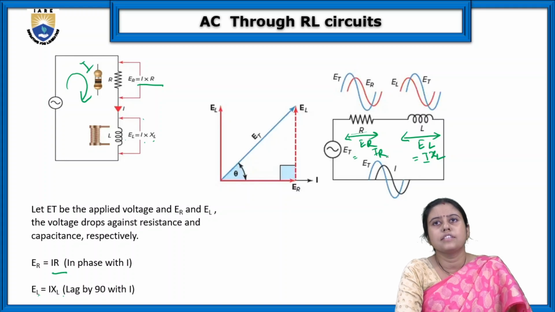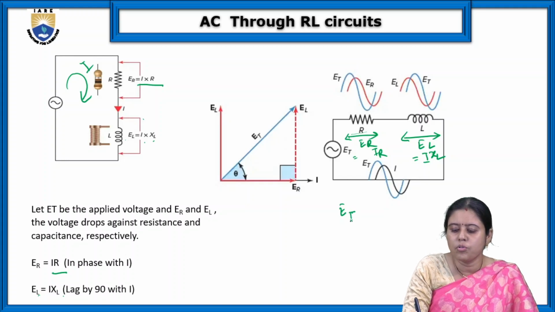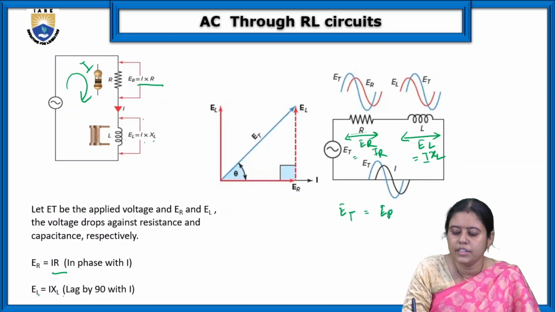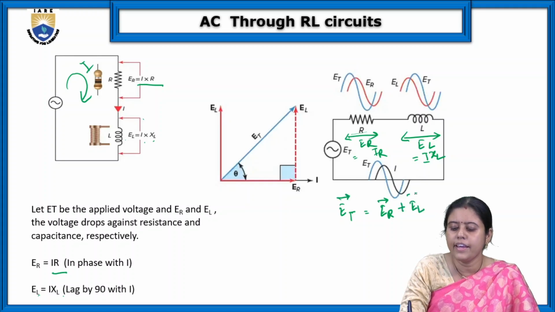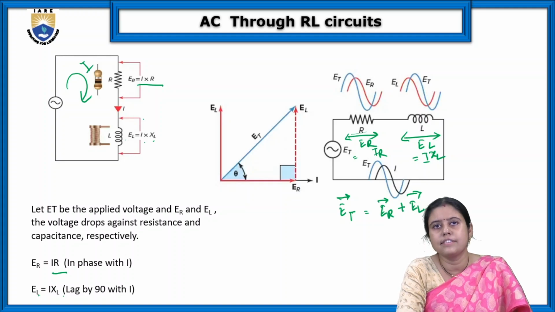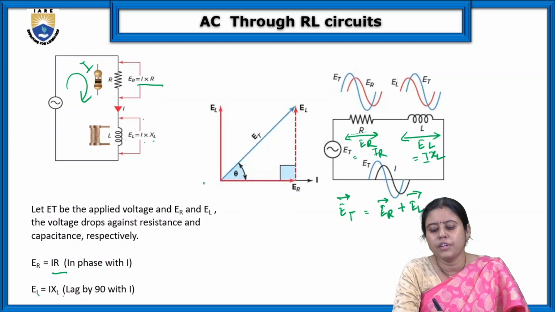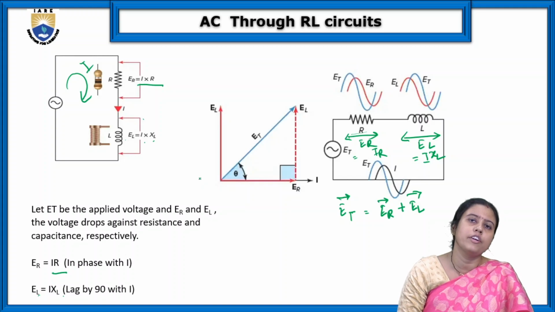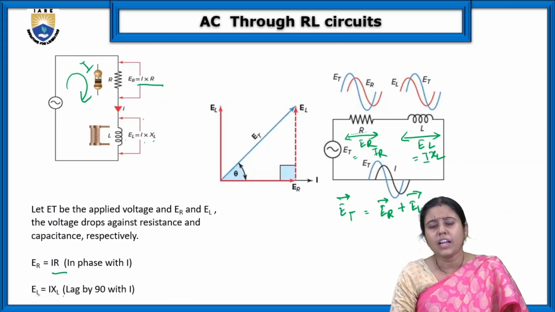And what is ET? ET means total voltage, which is equal to ER plus EL. Remember, it is always the phasor sum or vector sum. We cannot add the magnitudes only. As this is a series circuit, current is fixed, so we will take I as the base.